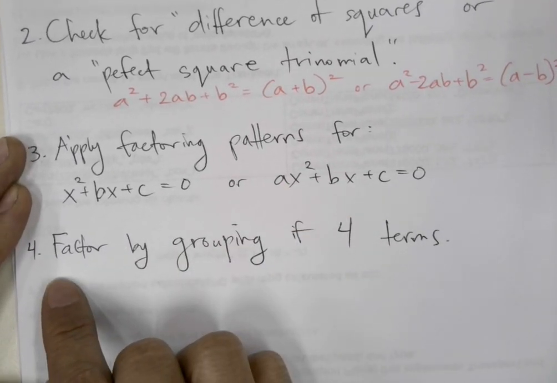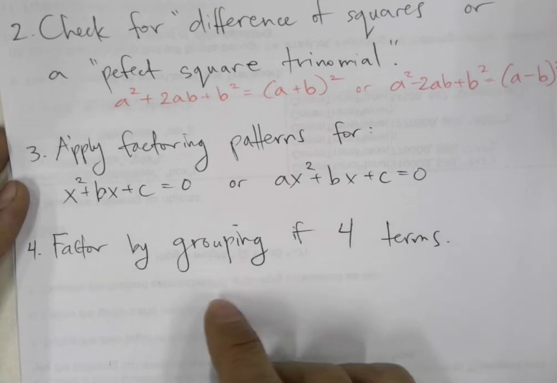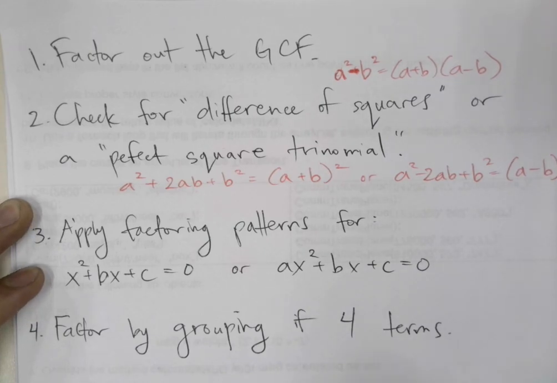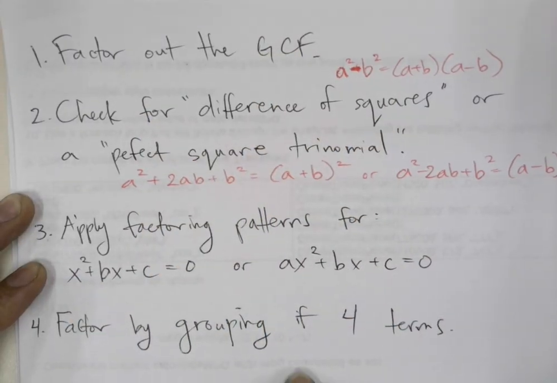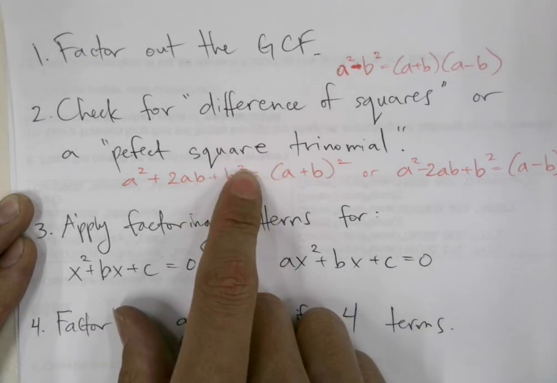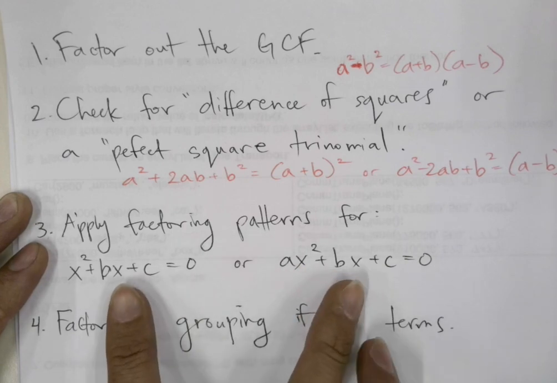And then the fourth possibility is factoring by grouping if we have four terms. These are all the different methods that we learned how to factor: factor out the greatest common factor, difference of squares, perfect square trinomial, the two trinomial patterns, and factoring by grouping.